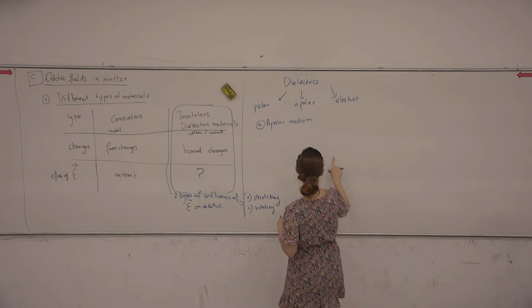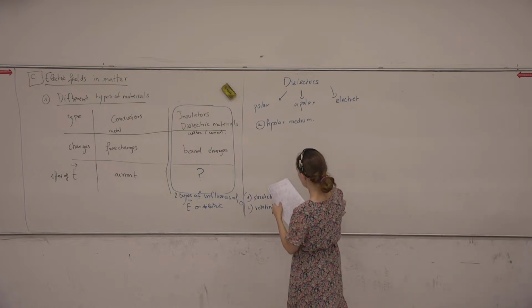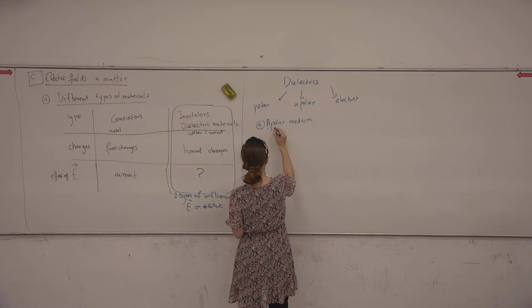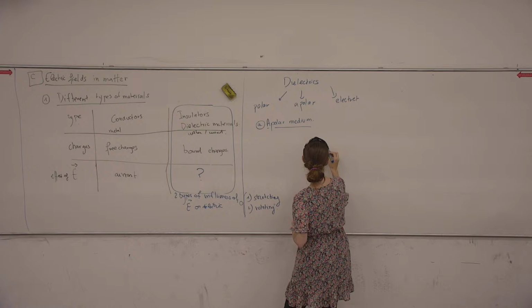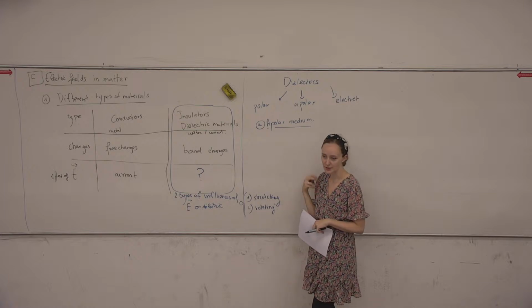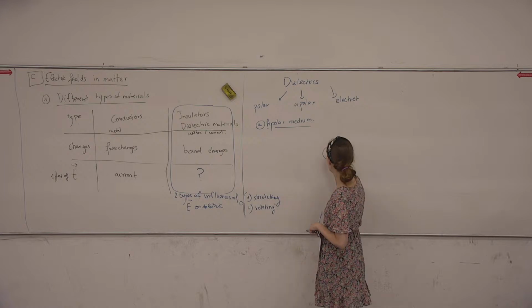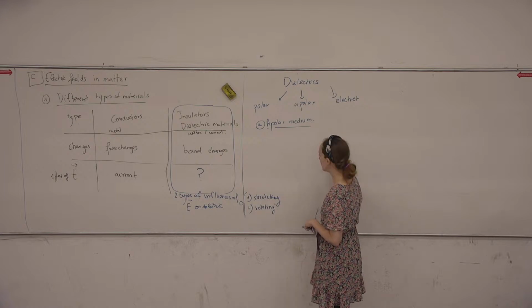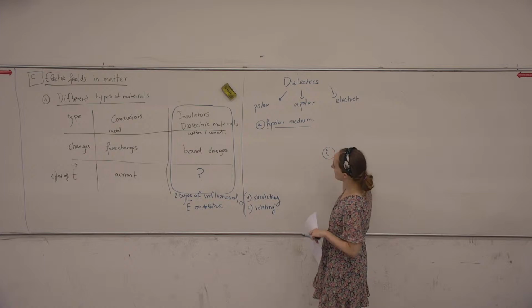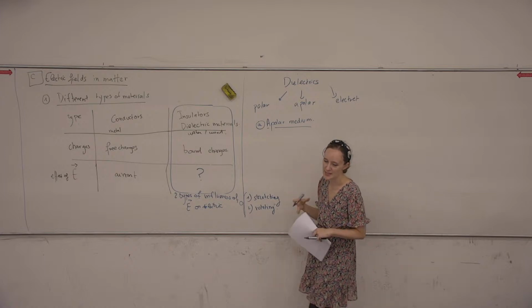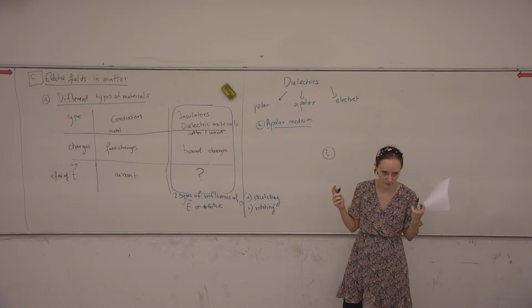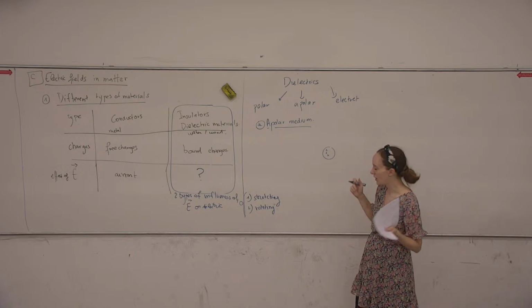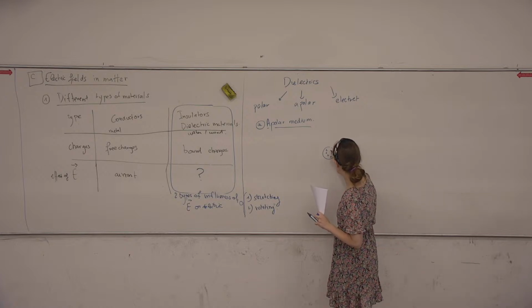Okay, so let's give an example. I'm modeling an atom in a very, very simplistic way, where I remind you that all this discussion is starting because we said at the atomic level, there is no such thing as anything neutral. Okay, so let's zoom on an atom and model it.